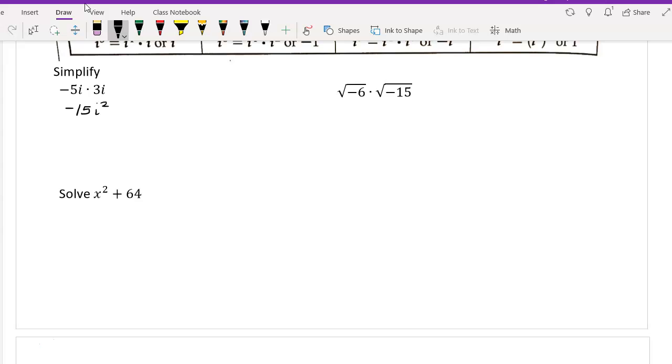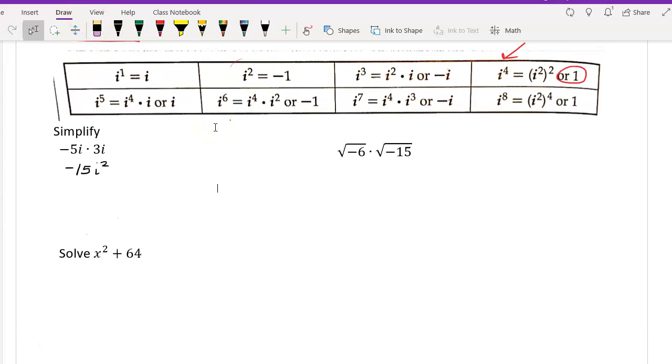Well, do we know what i squared is? In fact, we do. We know that it is negative 1. So I'm going to replace i squared with negative 1. Well, at this point, now I only have 2 real numbers. Negative 15 times negative 1. 2 negatives make a positive, so my answer here is 15. Nice and easy, right?